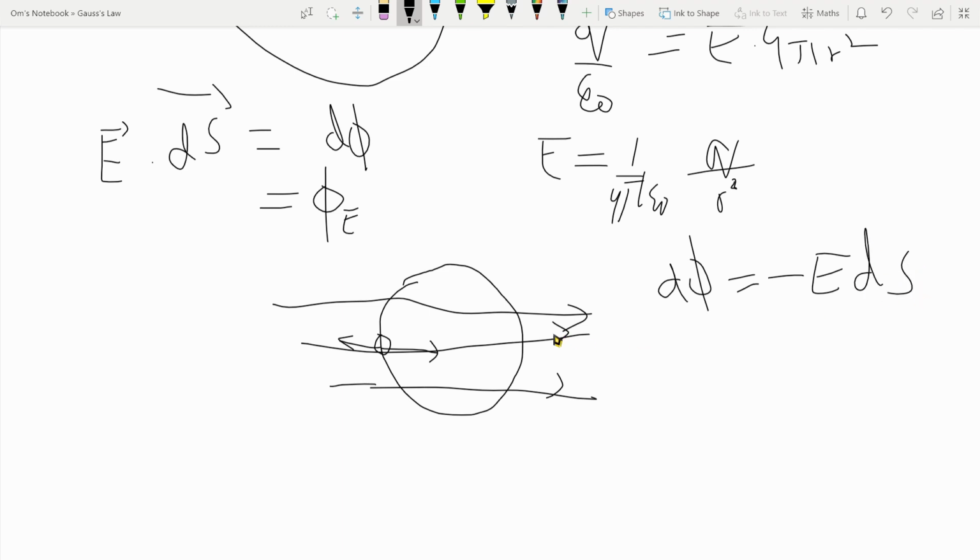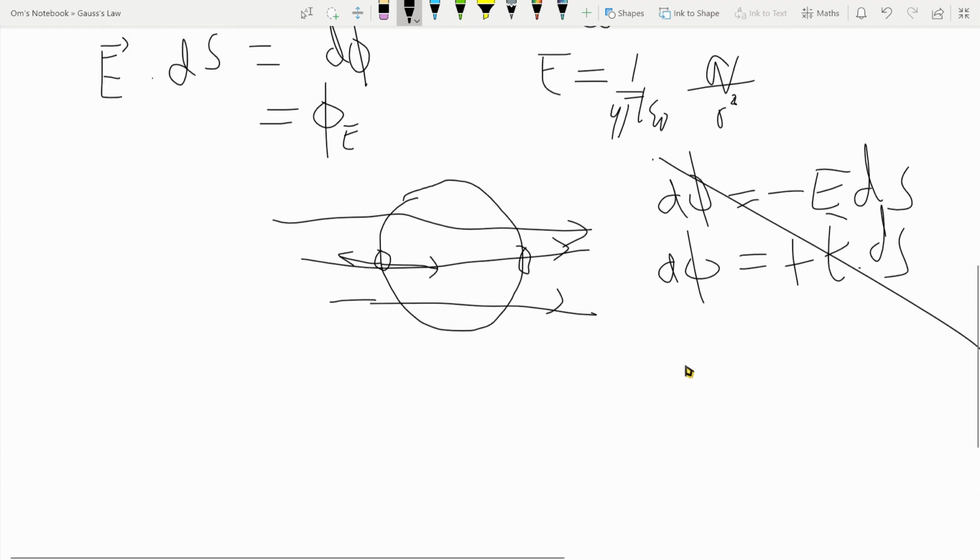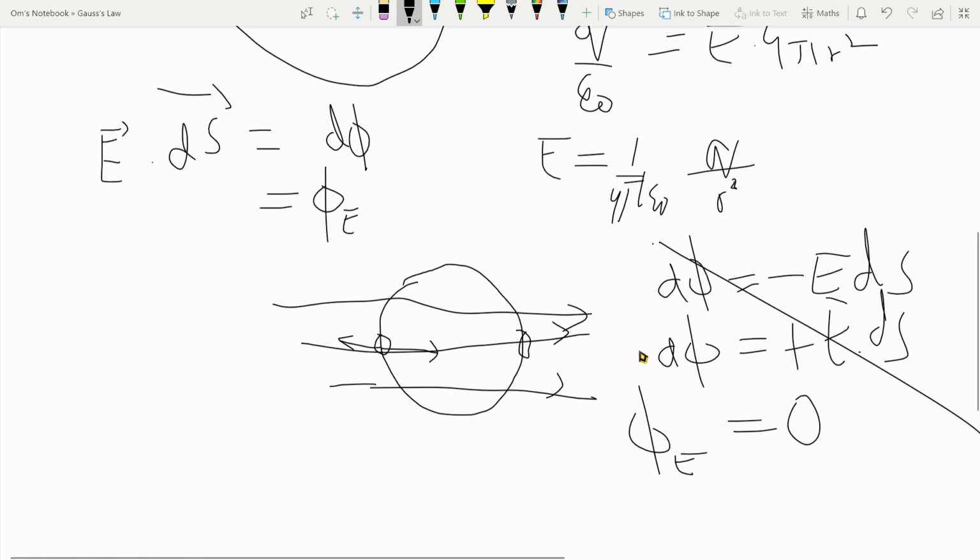And the same thing can be applied at this surface. At this surface, the electric field is outward, and the surface element is also outwards. So d phi at this point would be equal to plus eds. And the same applies for all these other points on this surface. So when you sum up over all these points, they just end up cancelling like this. And so you get the net flux, that is the phi e, equal to 0. And so Gauss's law still holds. So that is a fun little application.